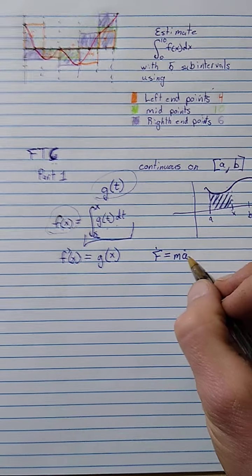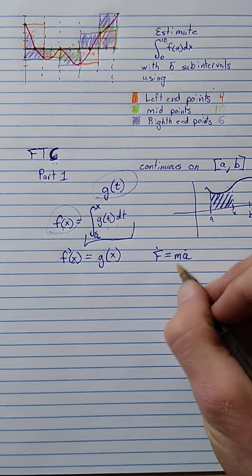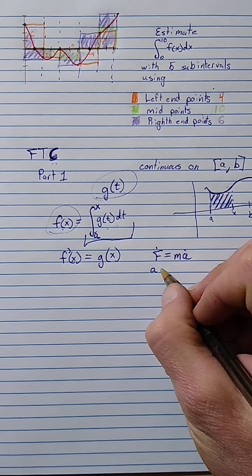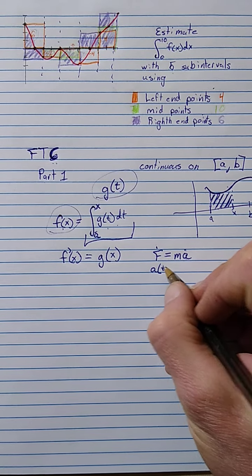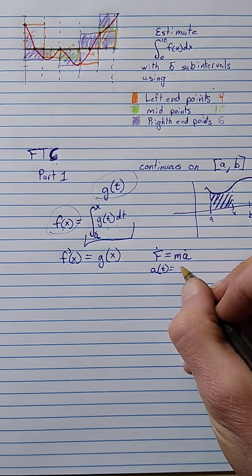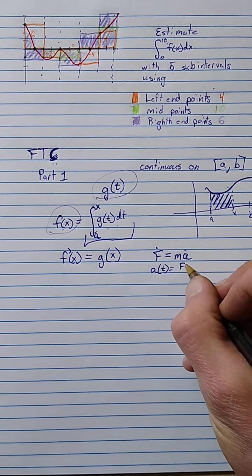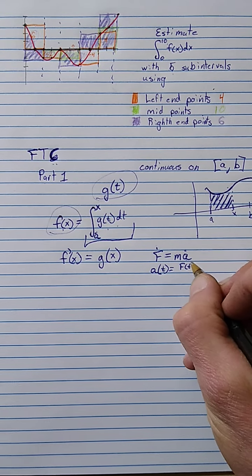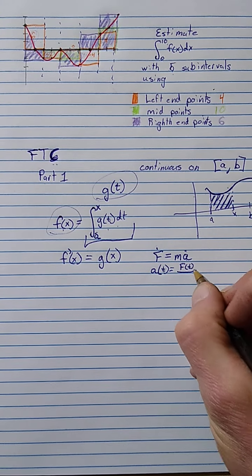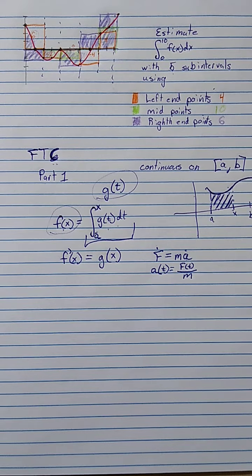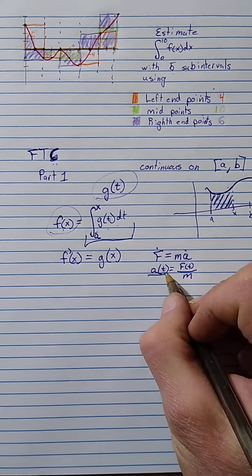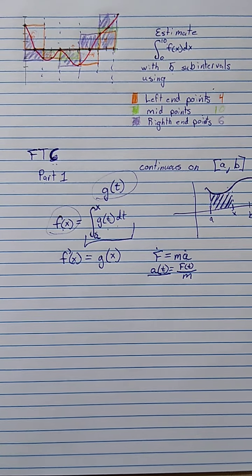So I could say that a of time equals F, the force at a particular point in time, divided by the mass. Okay, so now I've got a continuous function, a of t.